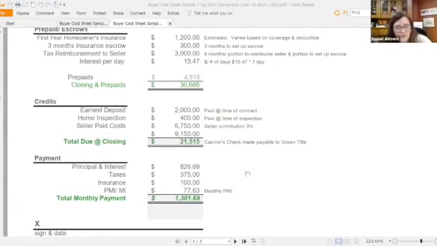You're going to figure out what your mortgage insurance is. In this particular case, for a 30-year mortgage, the mortgage insurance factor is 0.0046. So you would just take the loan amount times 0.0046 and divide it by 12, and you come up with 77.63. That's where you'll just use this cheat sheet. I don't do it enough.